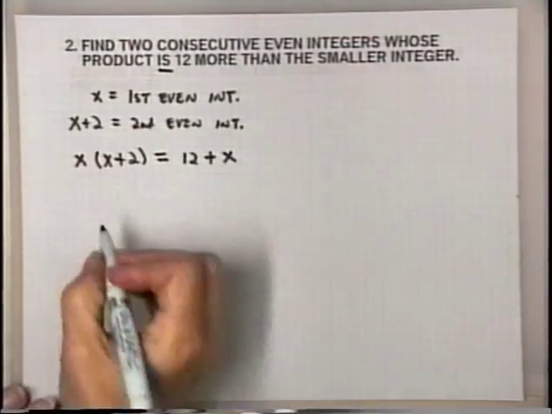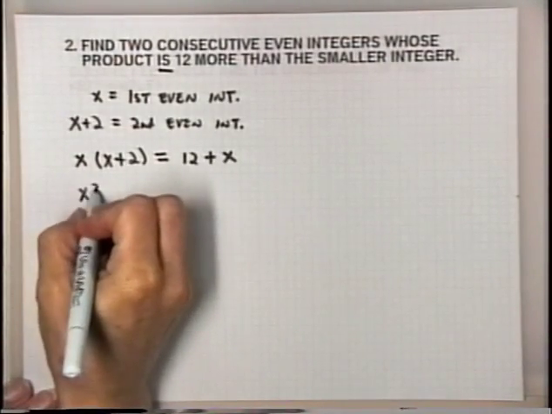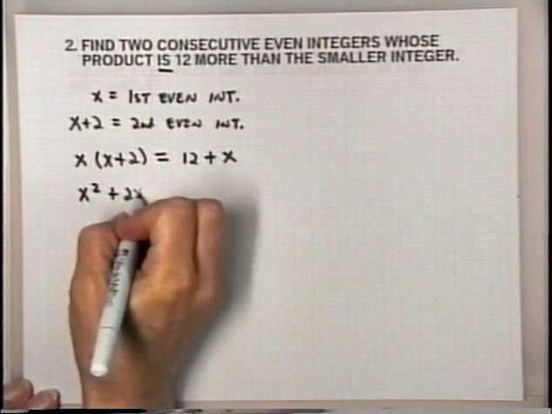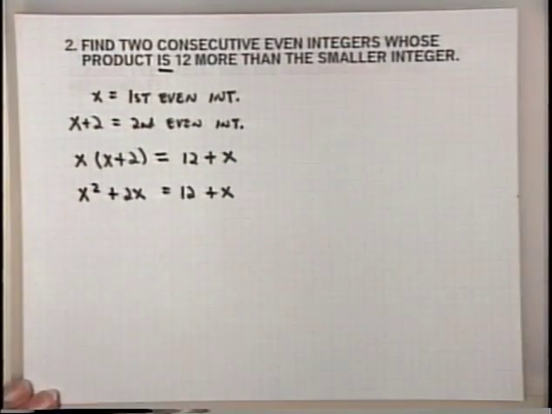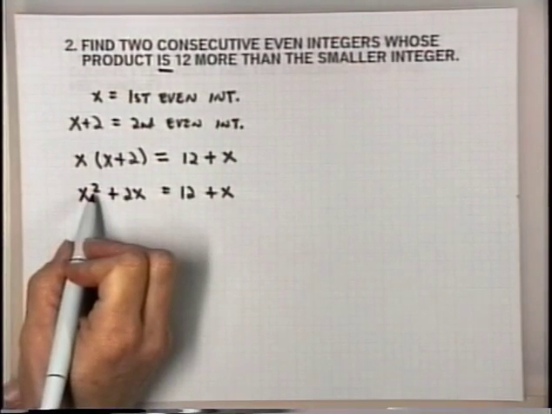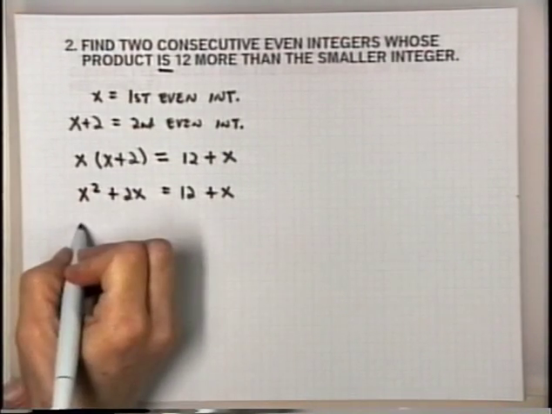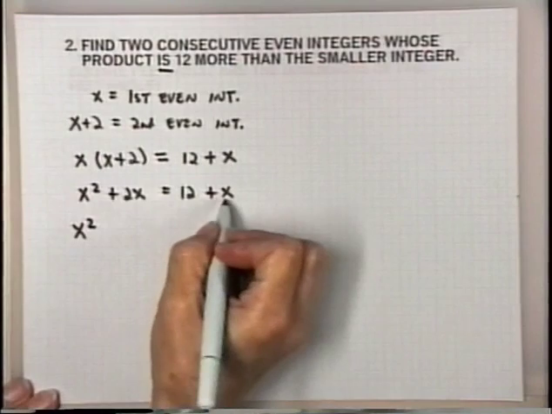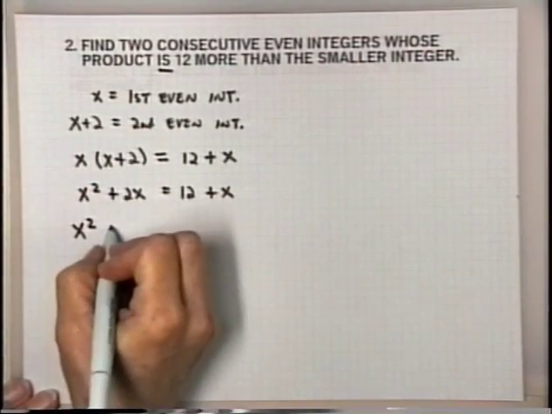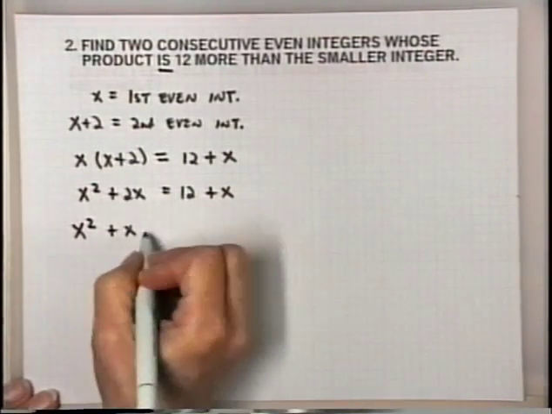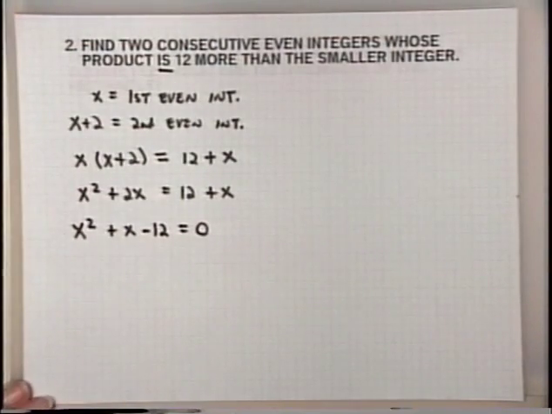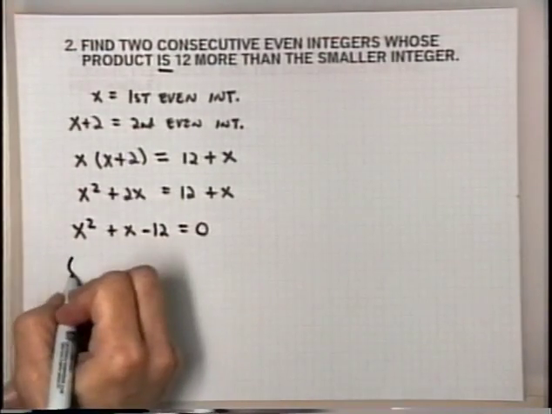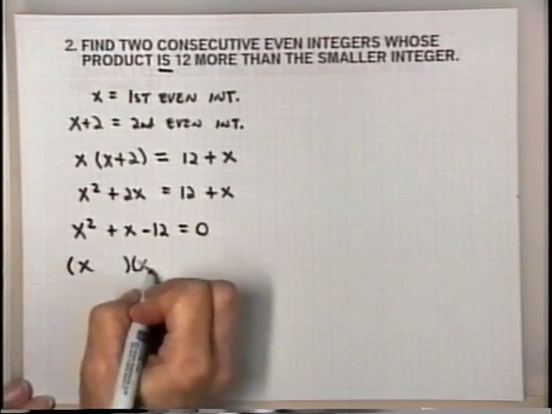Clearing our parentheses, we have x squared plus 2x equals 12 plus x. Since this is quadratic, we will put this in standard form. X squared, x subtracted from 2x gives me a plus 1x, subtract 12 equals 0. I'm ready to factor. I will have x times x.